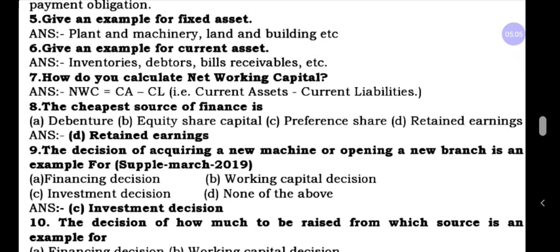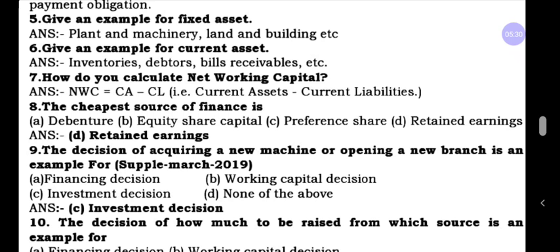Next we have multiple choice questions. The cheapest source of business finance is: A debentures, B equity share capital, C preference shares, D retained earnings. Here the answer is retained earnings. Next, question number 9.